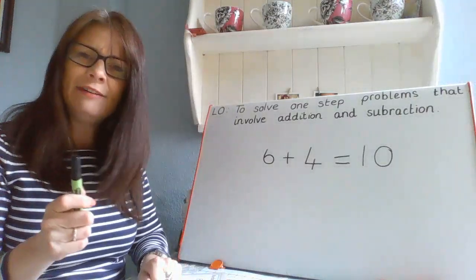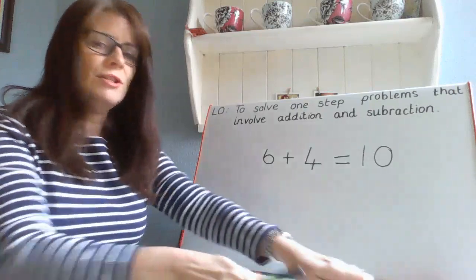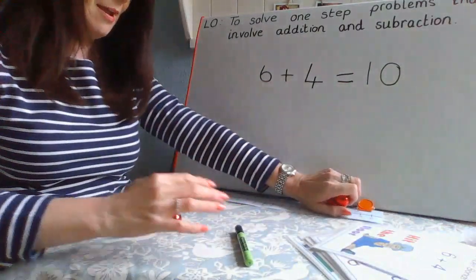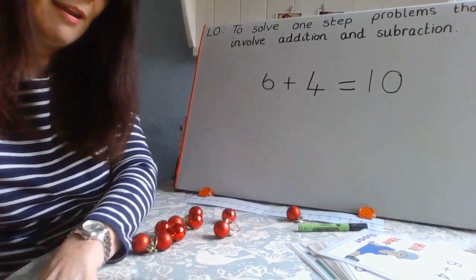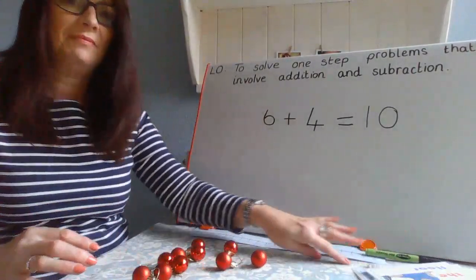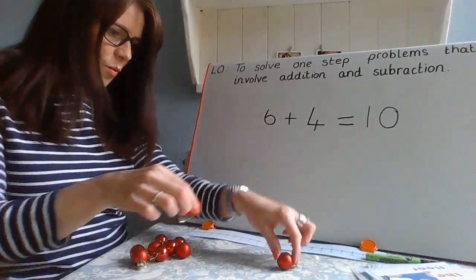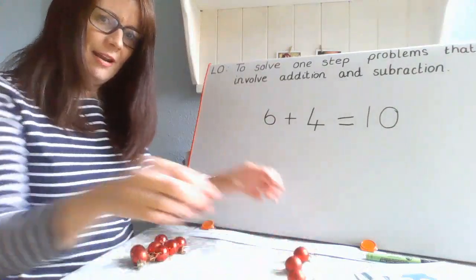Now, let's see if that's really true. I'm going to move my screen down. I've got some balls because I'm going to use them for counting. Are you ready? What was the number sentence? 6. 1, 2, 3.